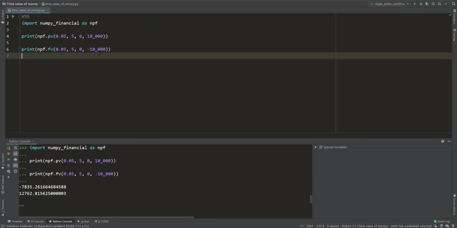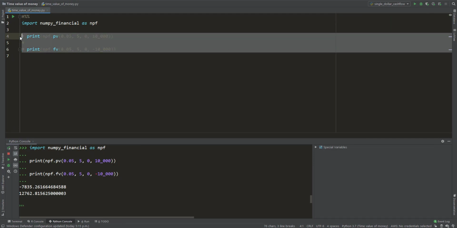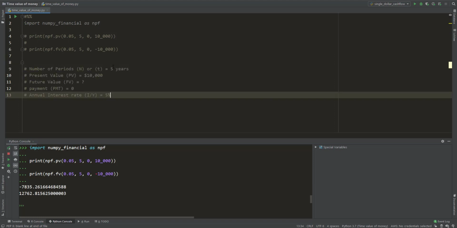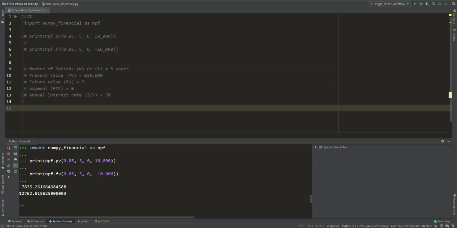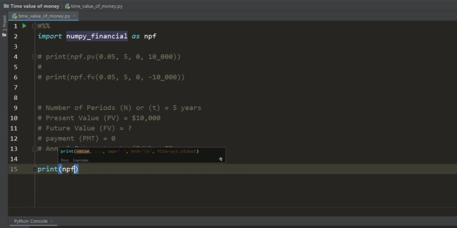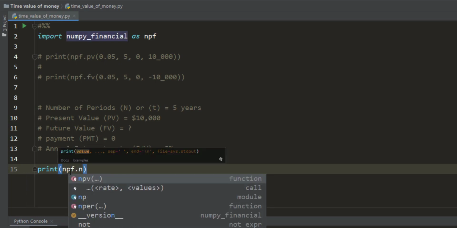Identical. That's great. I'm going to just comment all this out, and just keep in mind, as long as you have 4 out of 5 variables available, you can always compute the 5th one. And thankfully, this module, NumPy-financial, gives us some functions that let us compute either the interest rate or the number of period. So let's begin by computing the number of period and see if we can get the same number as the question gave us. So we do print npf.nper.